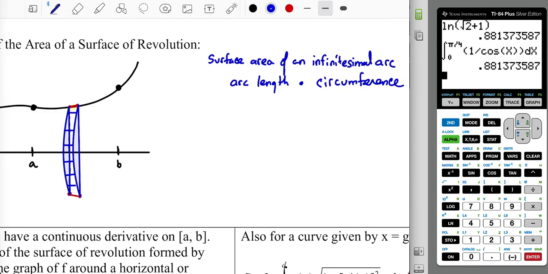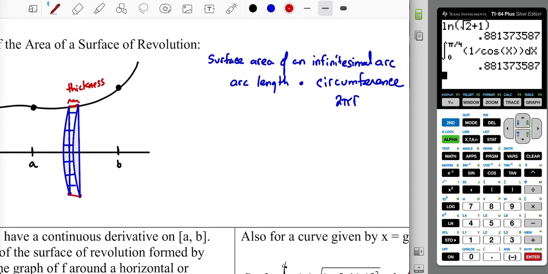Here what we're going to do is use 2 pi r to come up with the circumference of a circular slice, with arc length serving as the thickness. And embedded within that thickness is a d something, dx or dy.